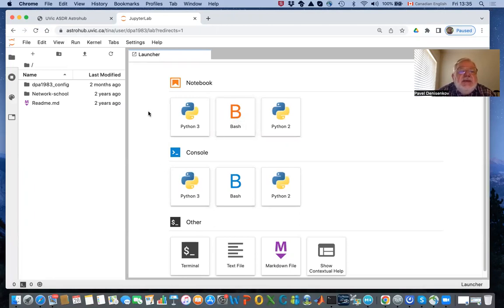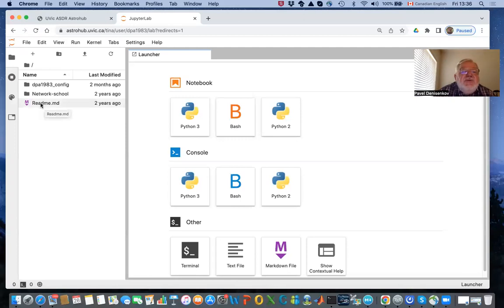You are in the hub, TINA hub, and the first thing you, of course, see in the left margin is a README file.